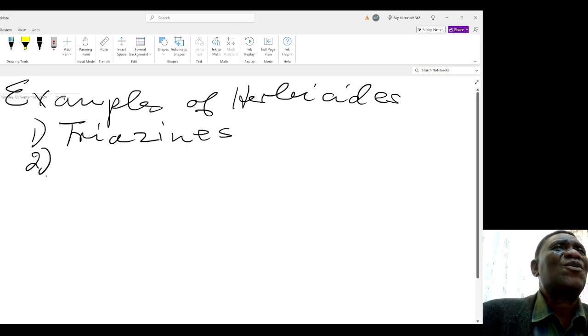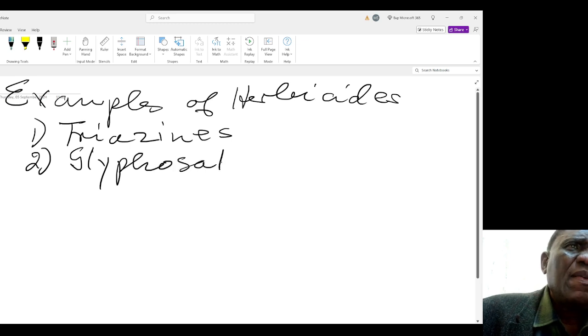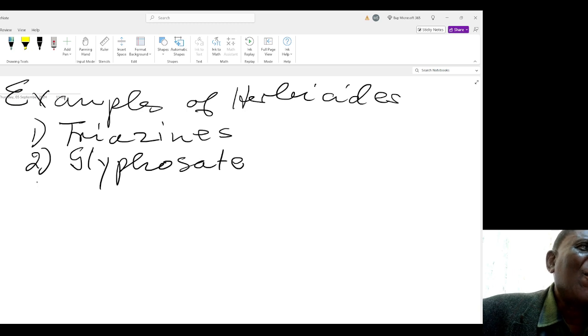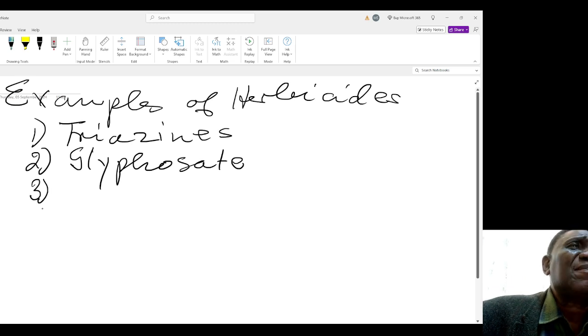Number two, we have got glyphosate. What you are saying is that selectivity can depend on the ability of the herbicides to bind to the enzyme, resulting in selectivity.